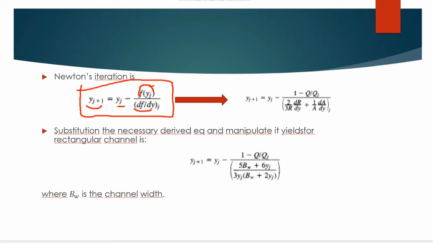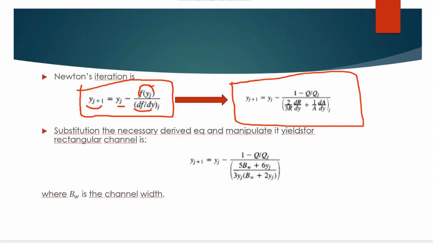When we plug in Qj minus Q instead of f, after manipulation and substituting the derivative and f of yj, we will have this equation.